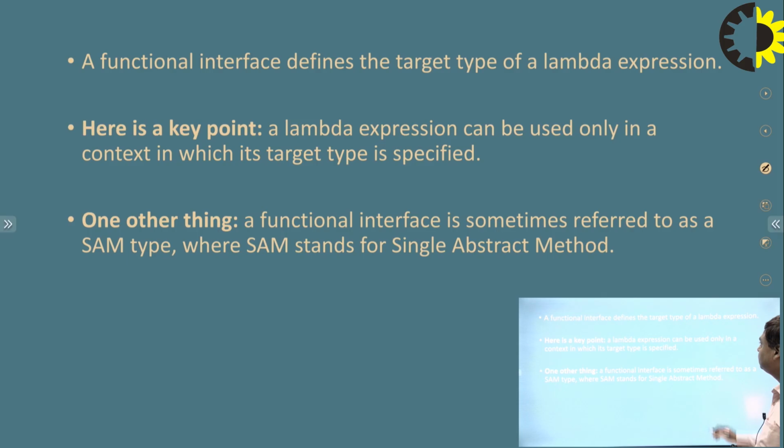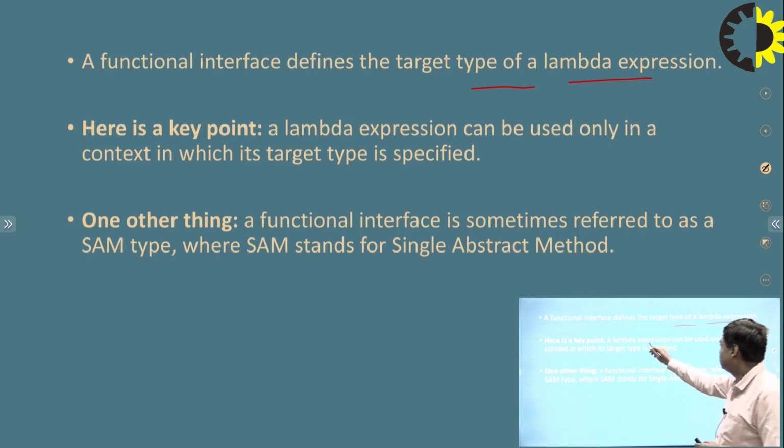So functional interface basically defines a target type for the lambda expression. To execute a lambda expression, you must define a target type on which the lambda expression will be executed. So we combine lambda expression with the functional interface. The target type for the lambda expression for execution is the functional interface.